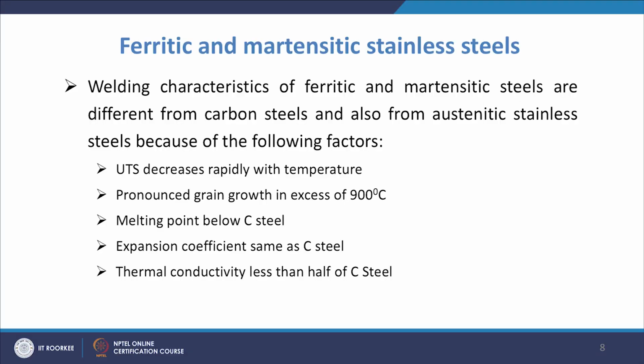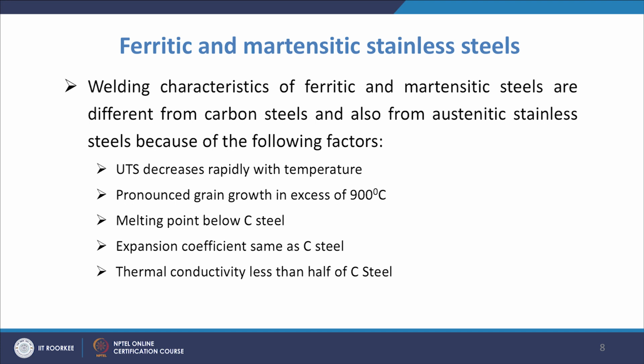Now, we will come to the weldability aspects of the ferritic and martensitic stainless steels. As we know, we talked about these 3 kinds of steels, and the welding characteristics of the ferritic and martensitic steels are different from the carbon steels and also from the austenitic stainless steels because of certain factors.